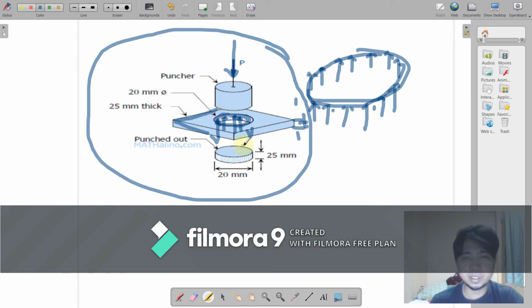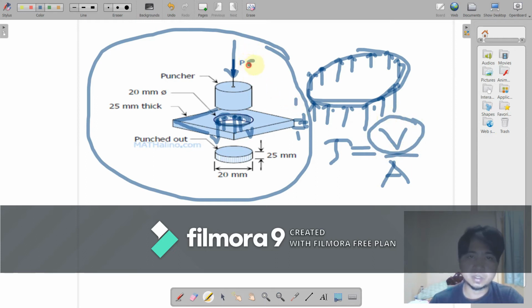What is the shear area here if we are going to use this formula, tau is equal to V over A? No problem with the V, because V is just equal to the P, the compressive force in the column. How about the area?